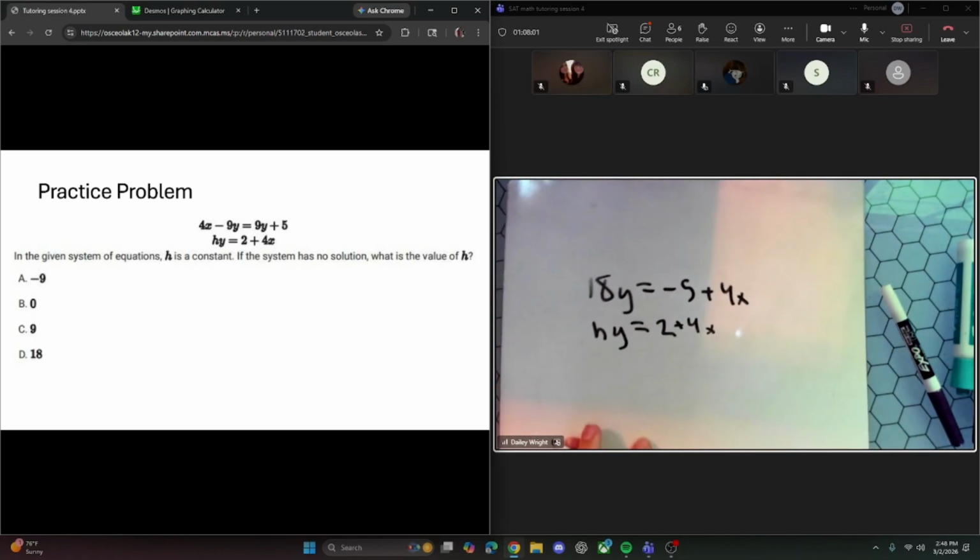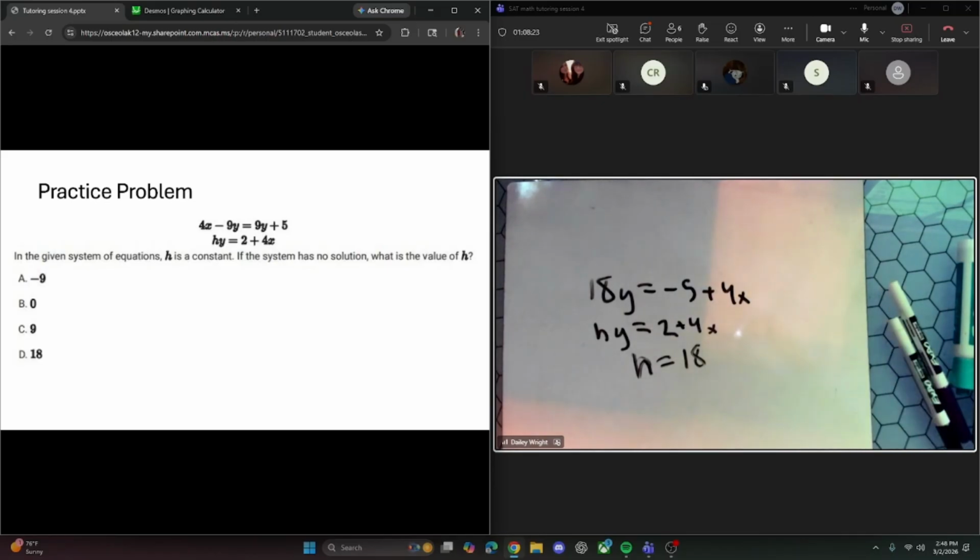These two equations are nice because they already have equal x coefficients, so you don't have to set the coefficients equal to each other. You just need to know that the y coefficients need to be equal now. So h is equal to 18 because the other y coefficient is 18. So your answer choice here would be D.